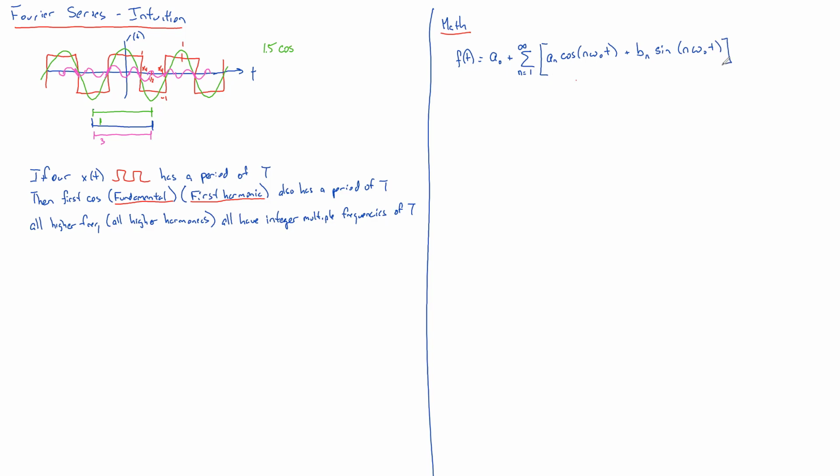So you'll notice that just like our intuition said, we have our fundamental frequency. When n equals 1, that's our fundamental frequency. This is the frequency of our periodic signal. And we're going to add, maybe it's easiest for you to see it as written out.